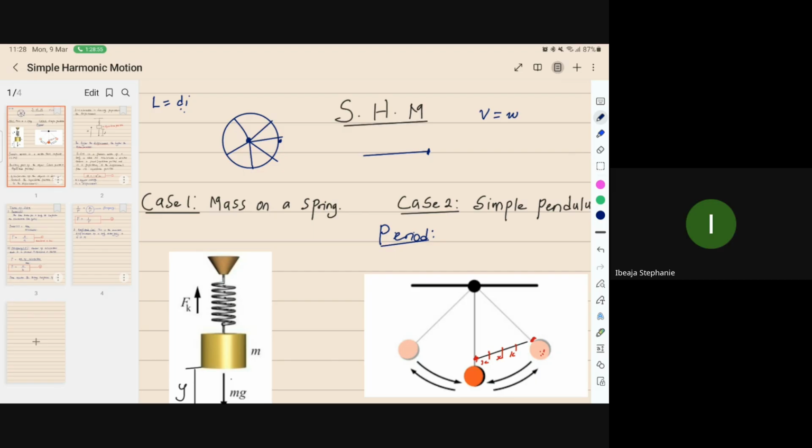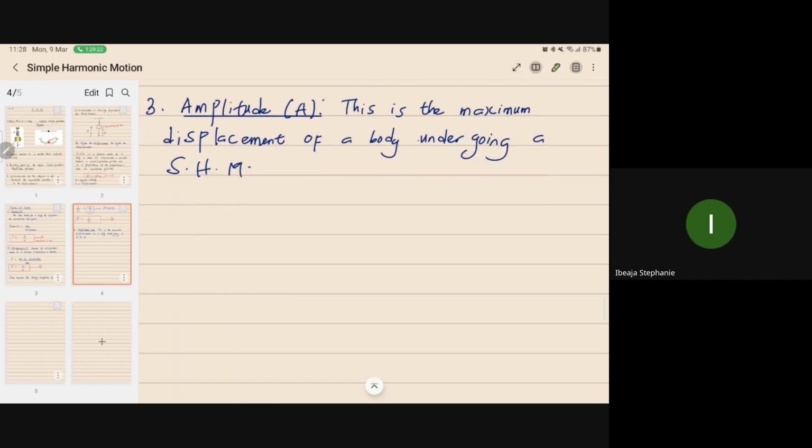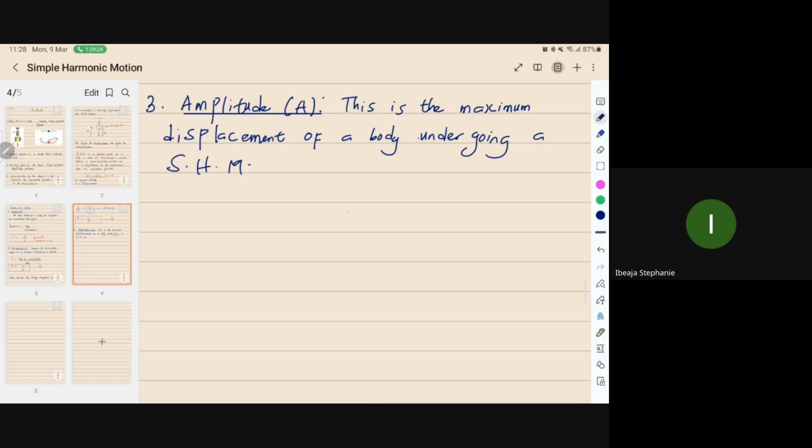Beautiful. Now, when a body completes one cycle, if you move through a circle and complete it, your angle anytime you go through a full cycle is equal to 360 degrees. So now imagine I'm moving around a circle.